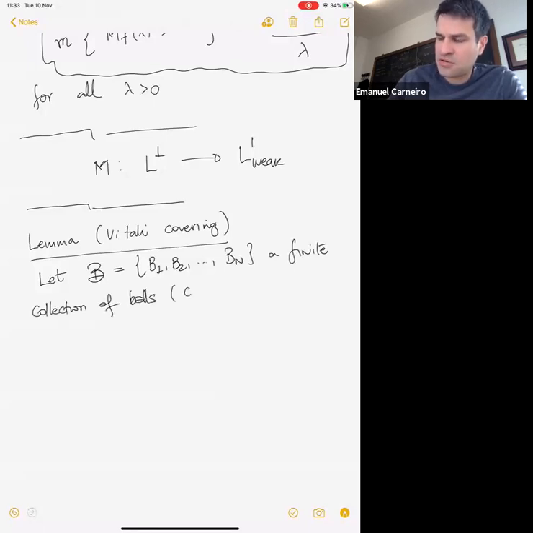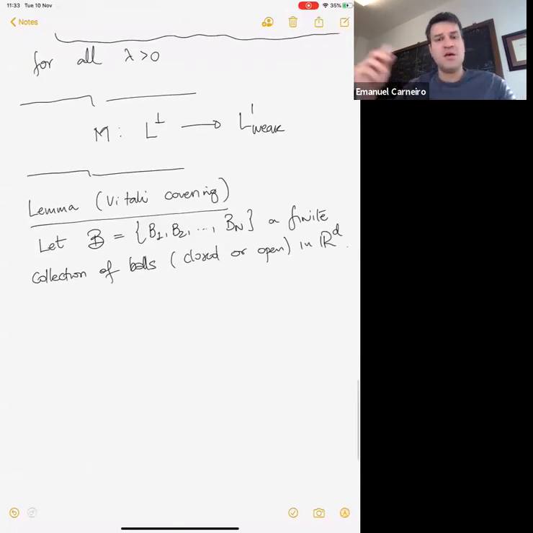The balls could be closed or open; you don't care. And we are in R^d, okay? Give me a finite collection of balls in R^d. So the balls may be intersecting, you don't know. And this is a finite number, but could be many, many balls.